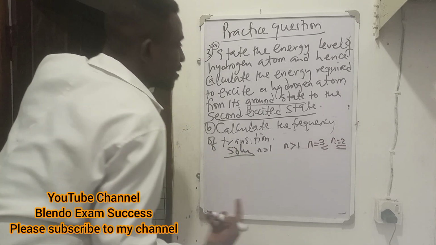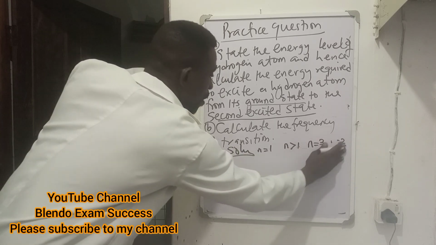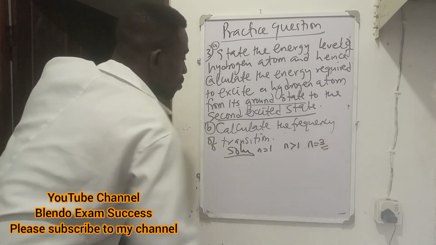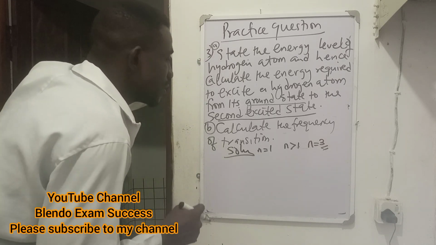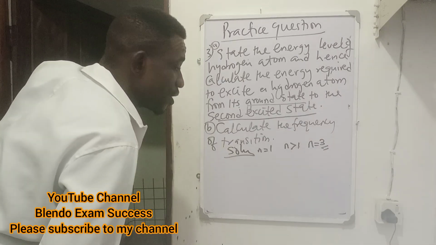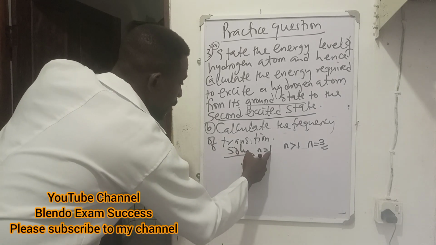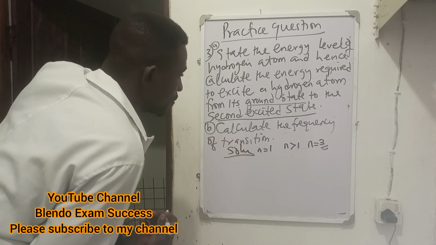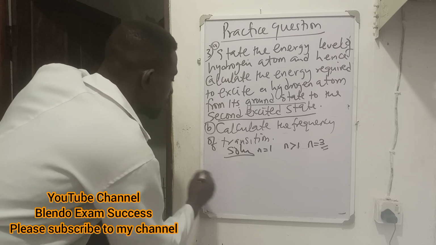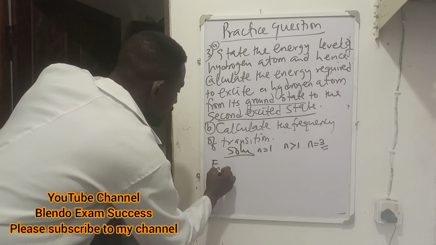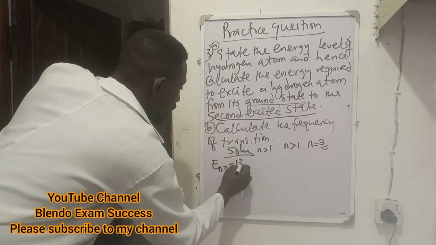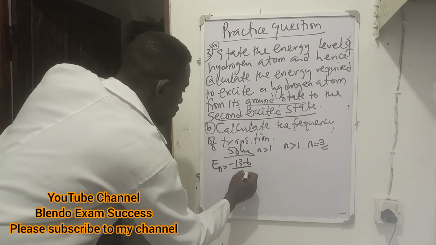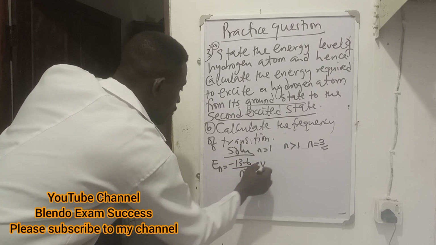But now they said second excited state. So we are not talking about when n is equal to 2, but we are talking about the second excited state when n is equal to 3. So when n is equal to 1 is the first energy level, which is the ground state. En is equal to minus 13.6 over n squared electron volt.